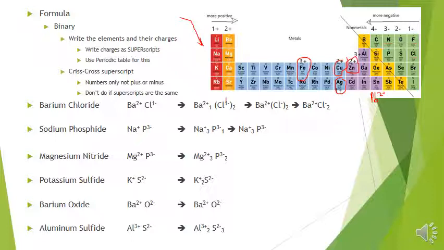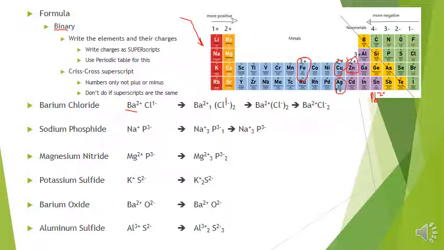All right. So the way to do this is, given the name, we'll do binaries first. You write the element and its charge, not just the metal and its charge, the nonmetal and its charge. Now, your qualification about charges: you will only put charges on ionic compounds and polyatomic ions.